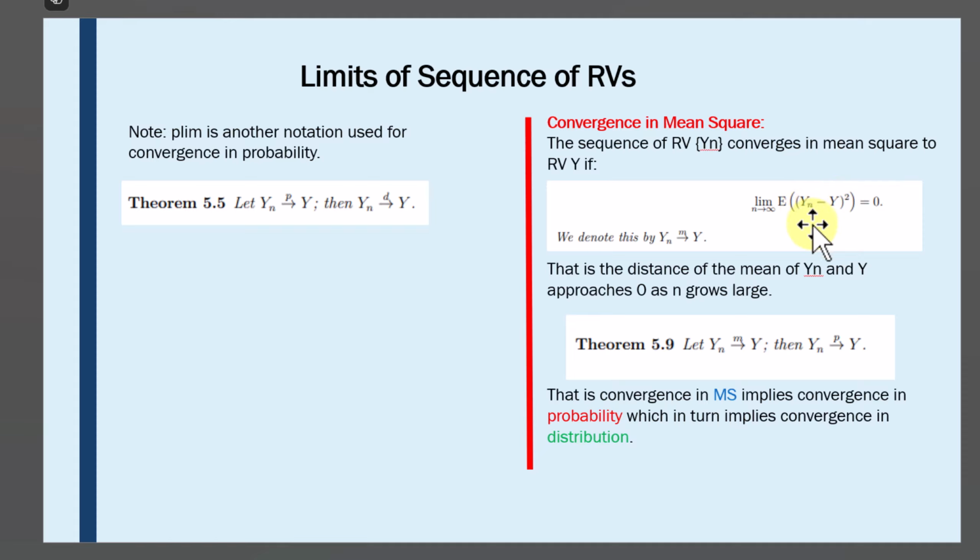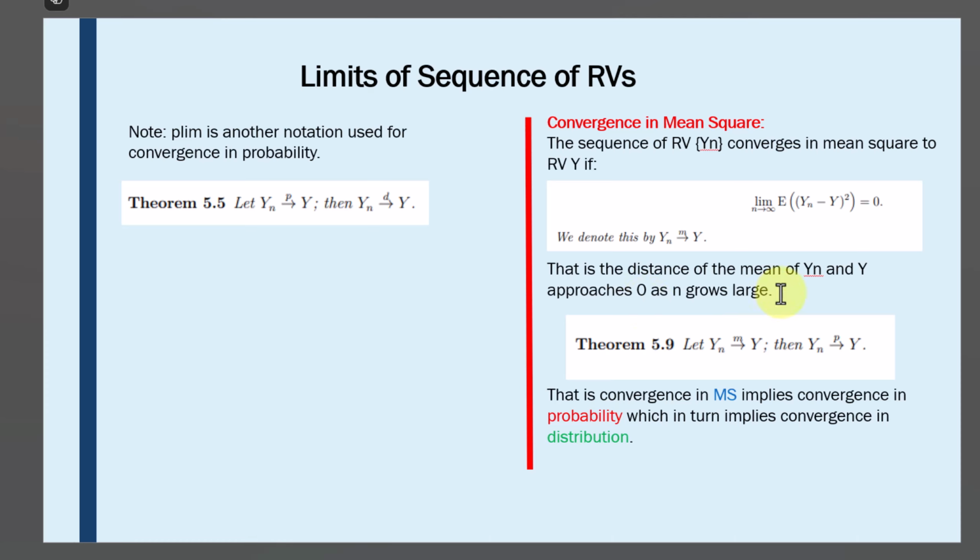That means if you take the expected value of (Yn − Y) squared, it approaches 0 as n approaches infinity. It's shown by Yn →m Y. That is, the distance between Yn and Y approaches 0 as n grows large.